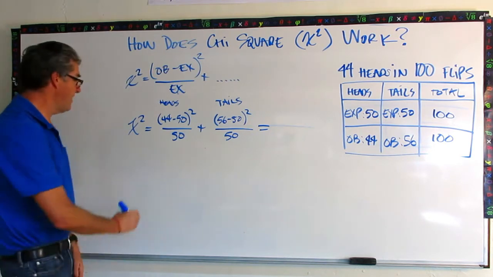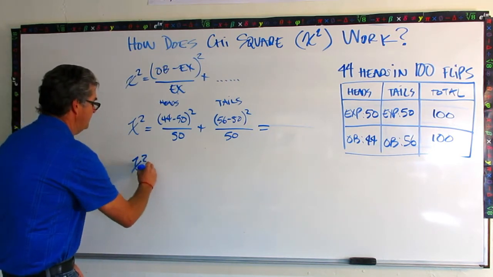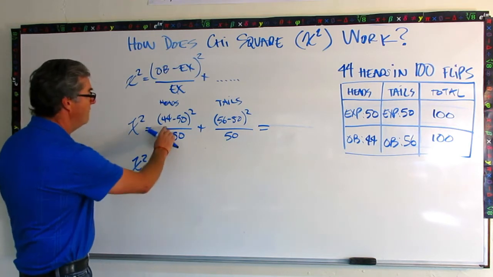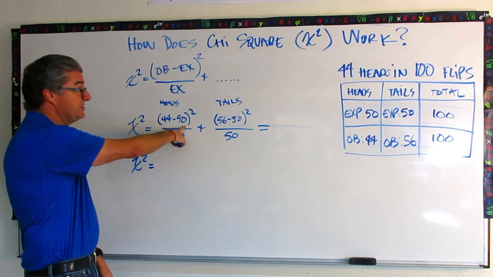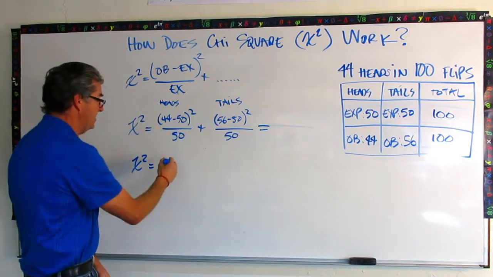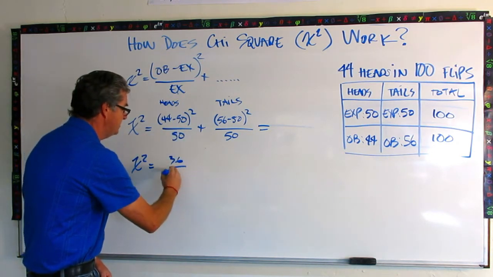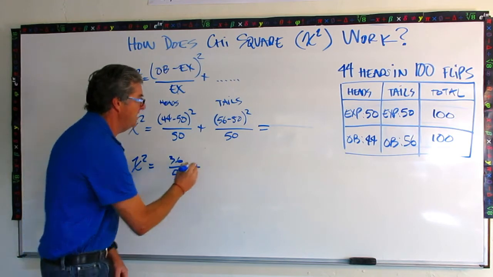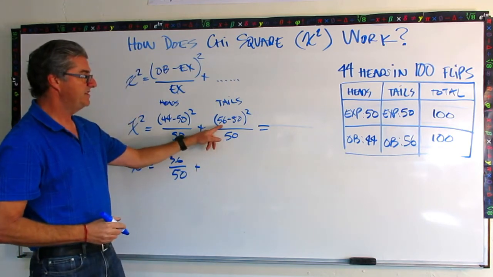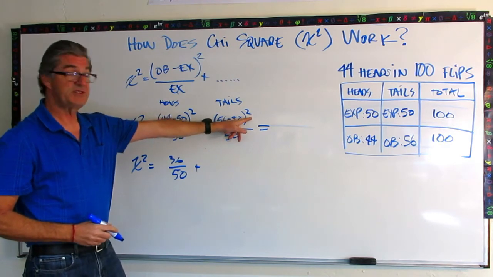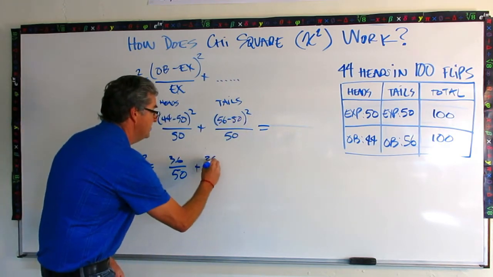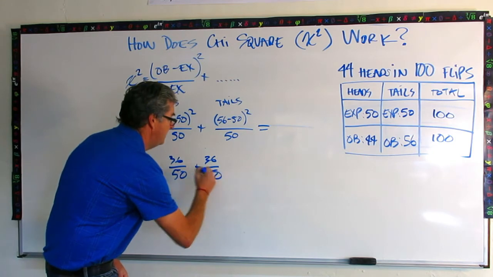Okay, I'm going to go ahead and do that. Chi-square is 44 minus 50 is negative 6, squared is 36. So this one is 36 over 50 plus, now this one, 56 minus 50, that's also going to be 6 squared, which is 36. So it's 36 over 50.